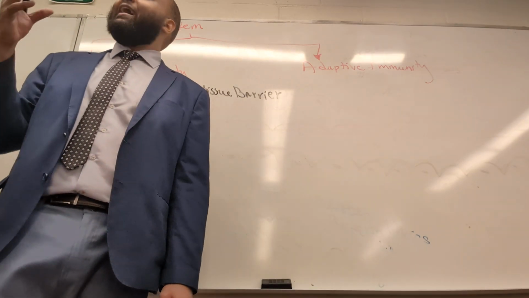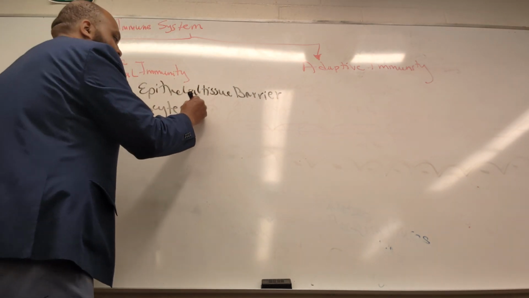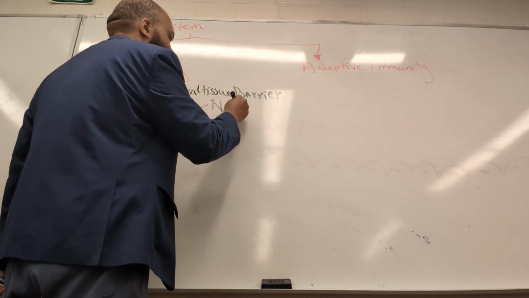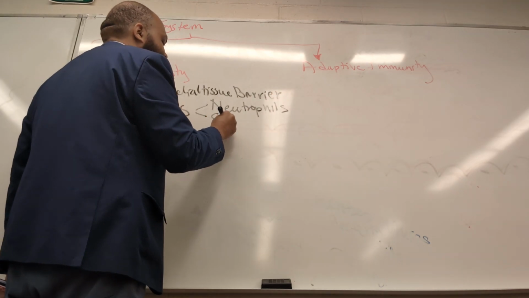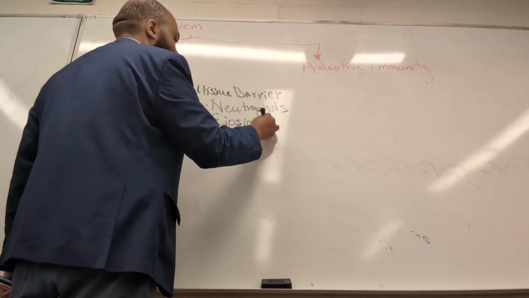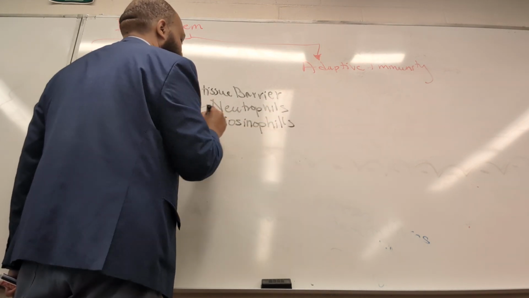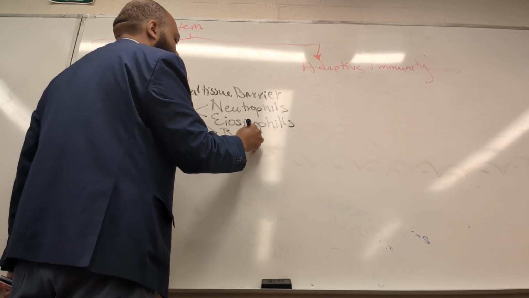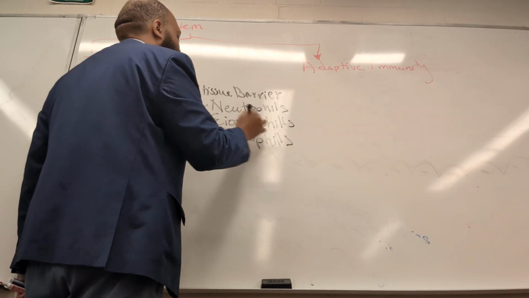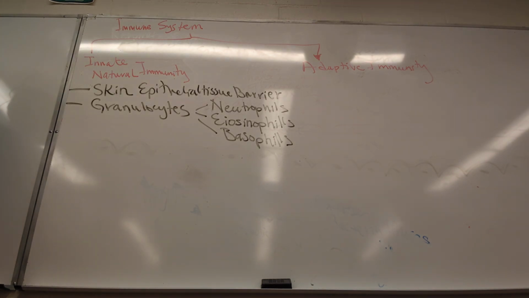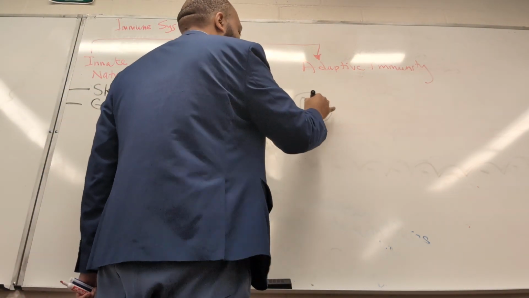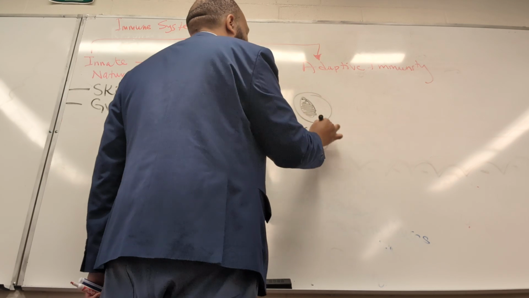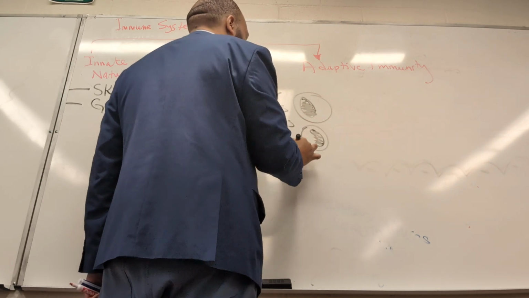The white blood cells have granules inside them. These are known as your neutrophils, your eosinophils, and your basophils. They all have granules inside them, but they don't look the same.